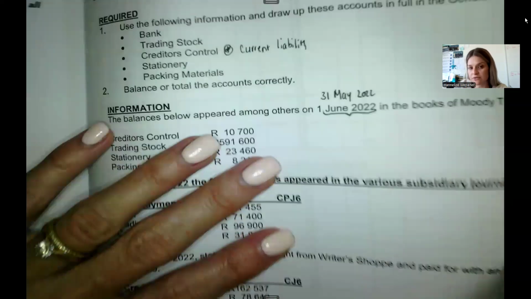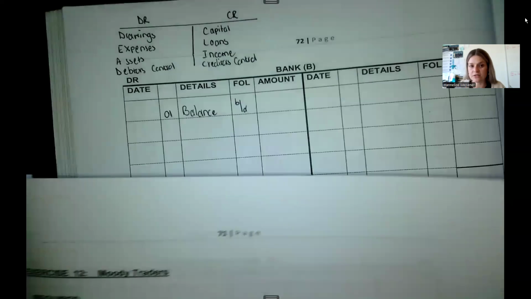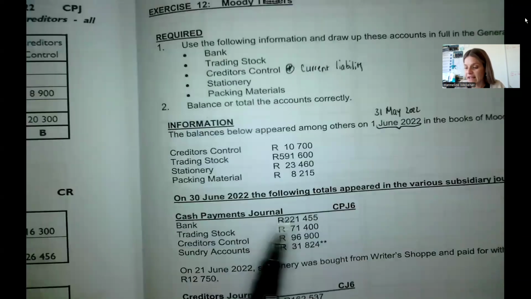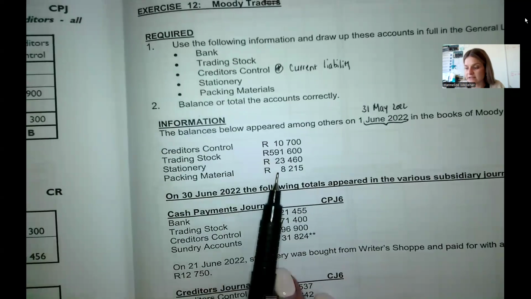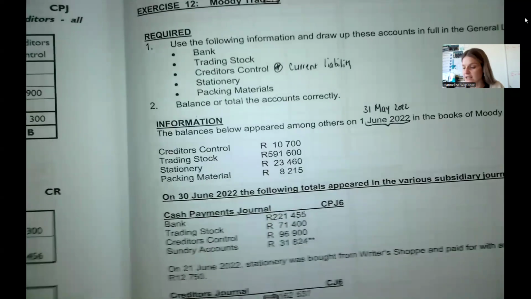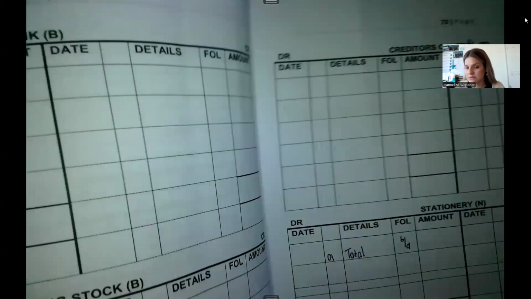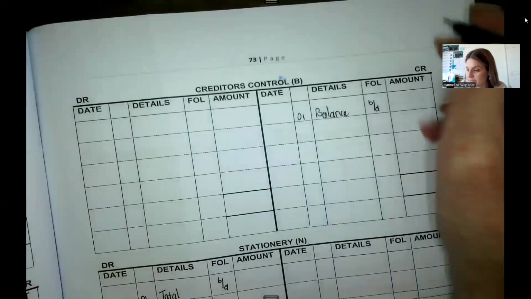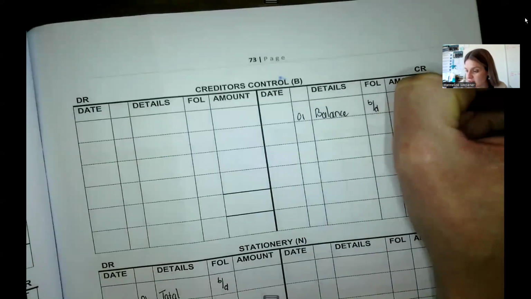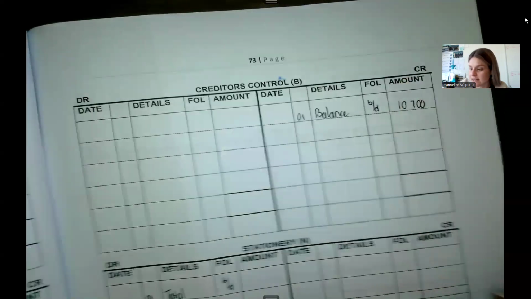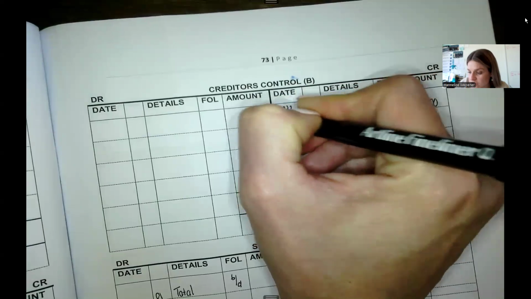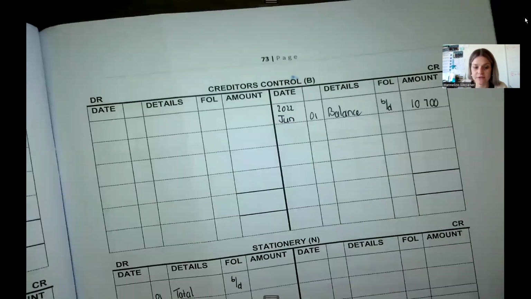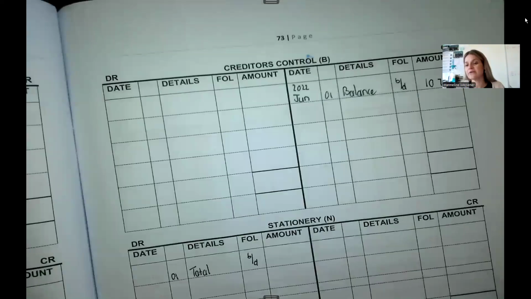So you are doing it for June, therefore your date starts on the 1st of June. And over here, they are saying that these are the balances. So for creditors control, 10,700. So I'm going to go to creditors control, 10,700 on the credit side. And I now know that this is for 2022, June the 1st. Okay. So that's my creditors control.